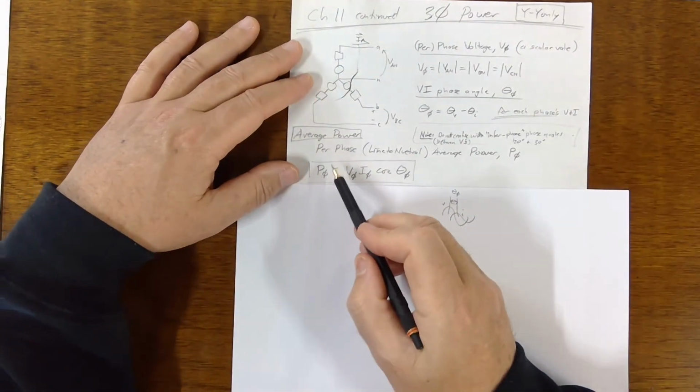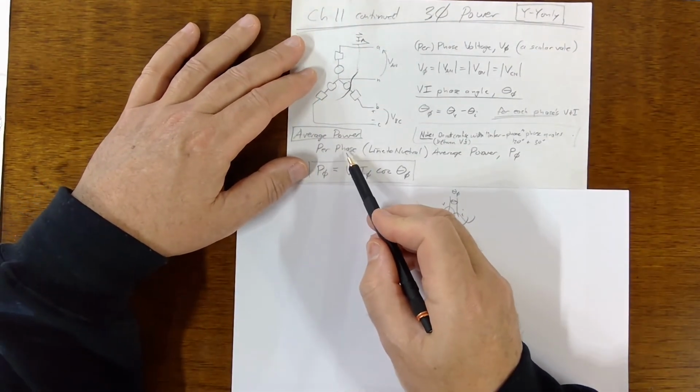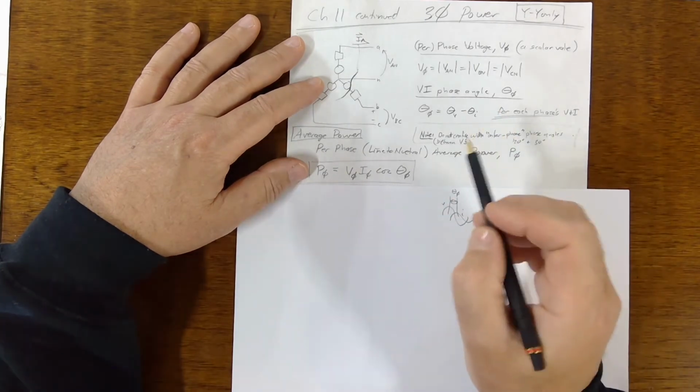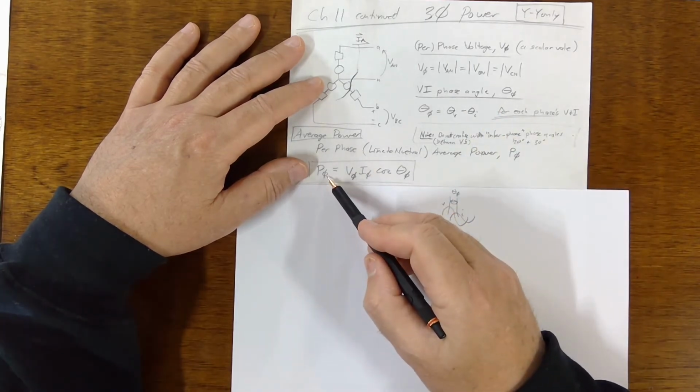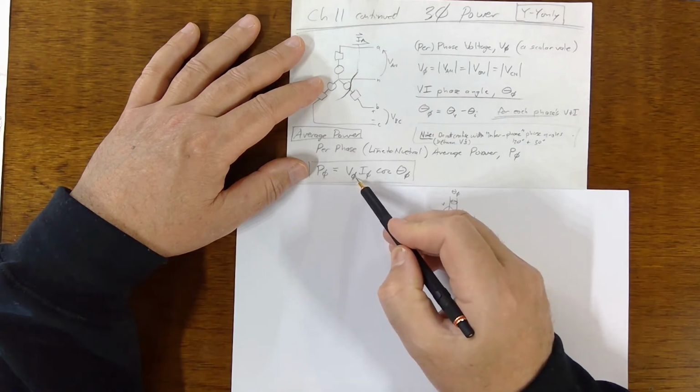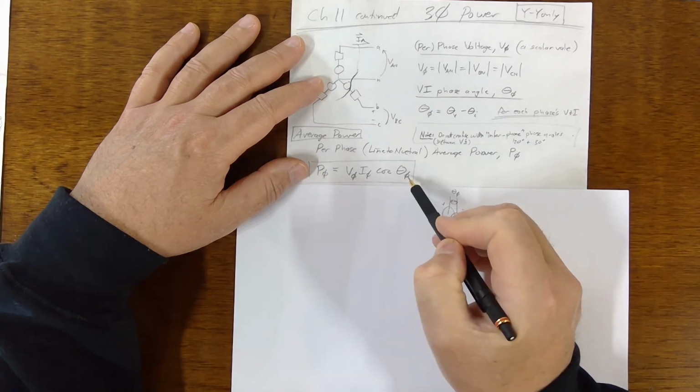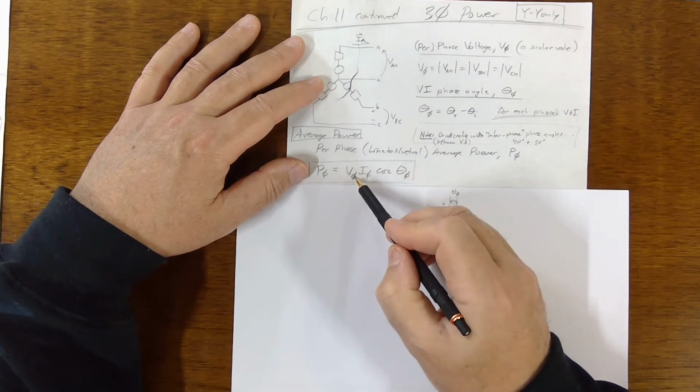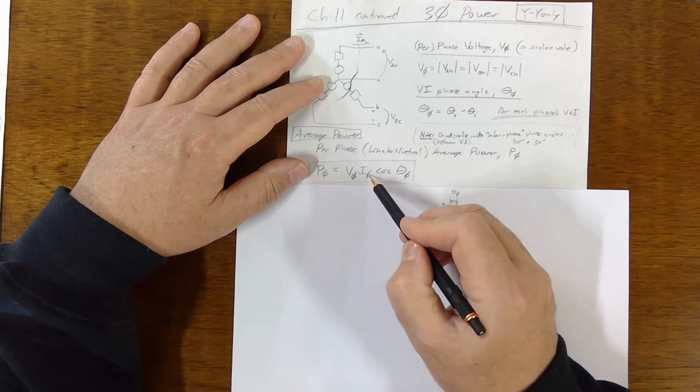So power in one phase is given by P sub phi is V sub phi I sub phi cosine theta phi, or just the phase voltage times the phase current.